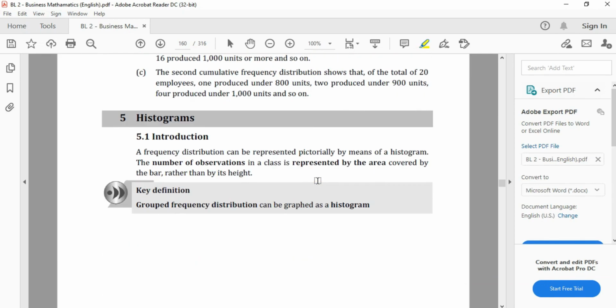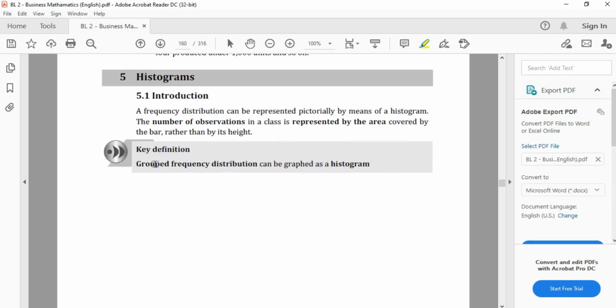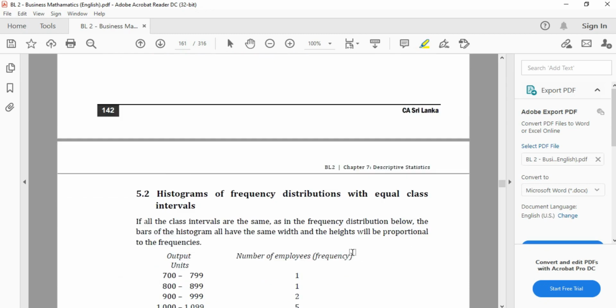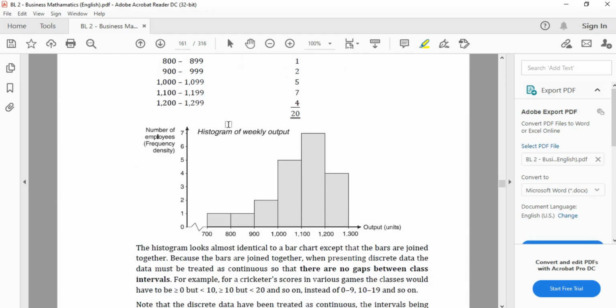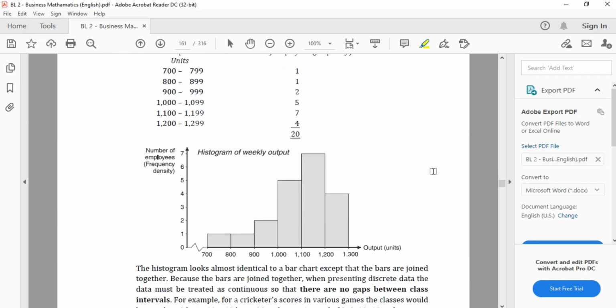And next we move on to histograms. Now, presentation of a grouped frequency distribution in a graph is called a histogram. So it looks like this. So the same thing they have put.